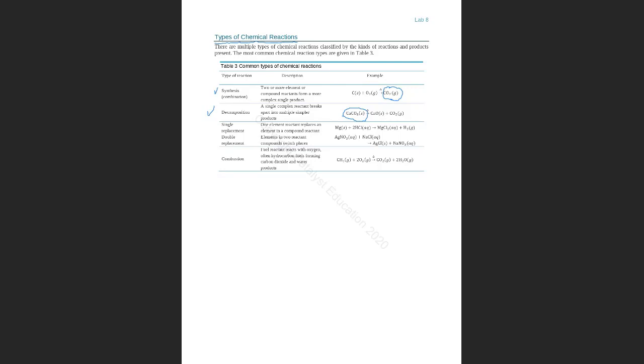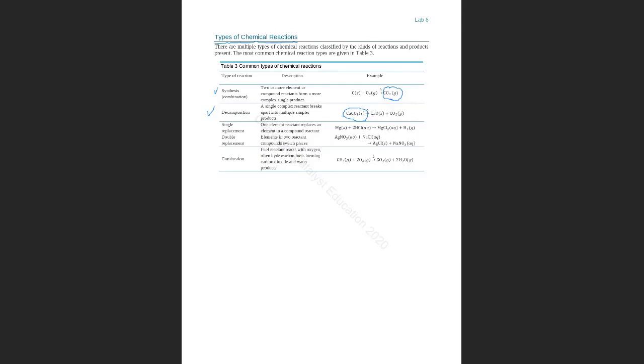It says a single complex reactant breaks apart into multiple simpler products. So you will have to look at how many substances you have on the reactant side. If you have just one, decomposition. So those 2 are easy to recognize.